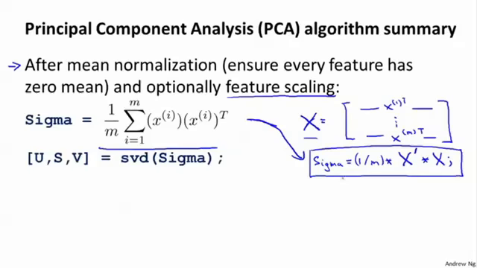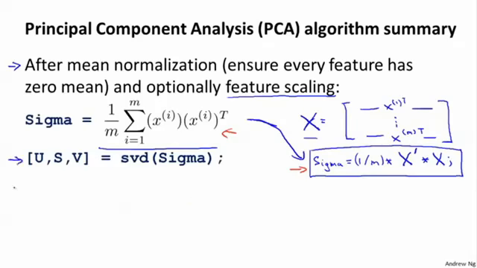I'm not going to prove that this is a correct vectorization, but if you want, you can either numerically test this out yourself in Octave, making sure that both implementations give the same answers, or you can try to prove it yourself mathematically. Either way, this is a correct vectorized implementation for how to compute sigma.